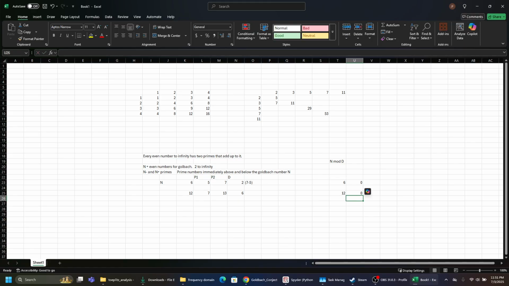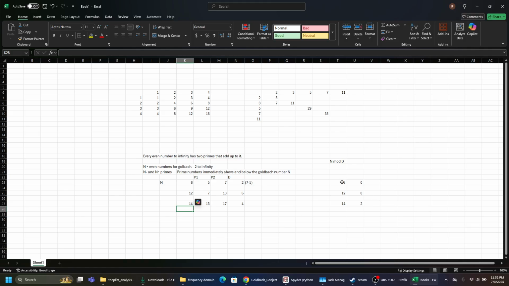By the way, 0 happens a lot, so let's see if we can find one that doesn't have 0, because they do exist. If it's 14, that would be 13 and 17, and so that gets us a delta of 4. Here we go: 14 mod 4 is, 4 times 3 is 12, so that would give you a 2.